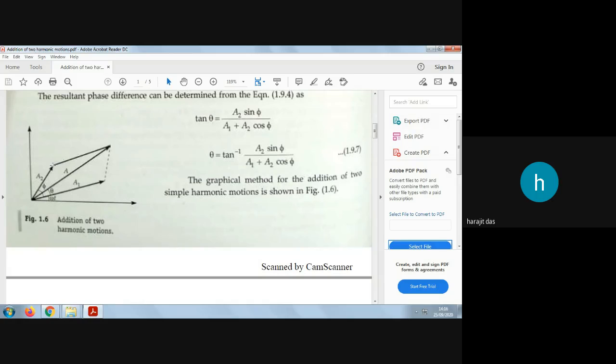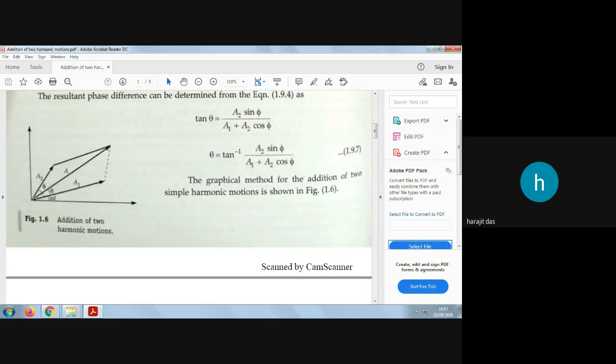If you apply the parallelogram law of vector addition, from this tip or head draw a parallel vector equal in magnitude to this a2, and complete this side also, then there it will be a parallelogram. When you join this diagonal, you will get the resultant.